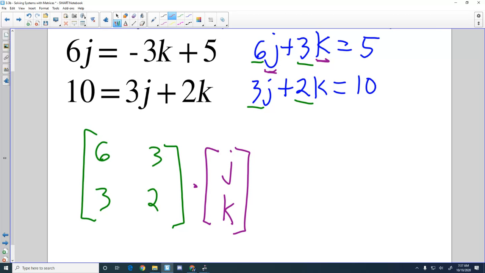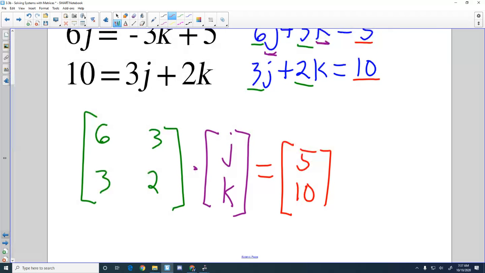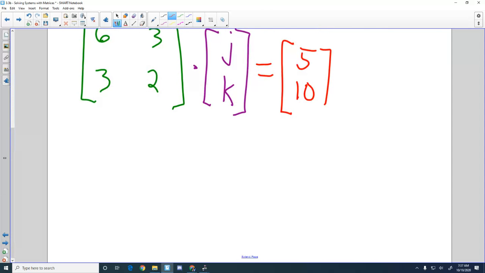So the constants, those are the numbers that don't have a variable, the numbers that are just by themselves, hanging out on the right. So that's 5 and 10. So right there is our matrix equation.